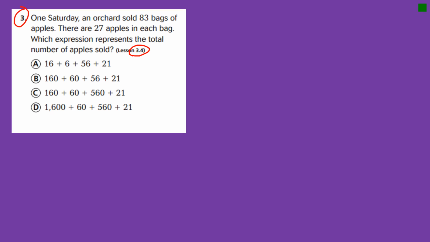There are 27 apples in each bag. Which expression represents the total number of apples sold? Well, look at these, the way they're written. I see 4 parts, right? So do you think that the product is broken down into partial products? Perhaps. Let's find out here.